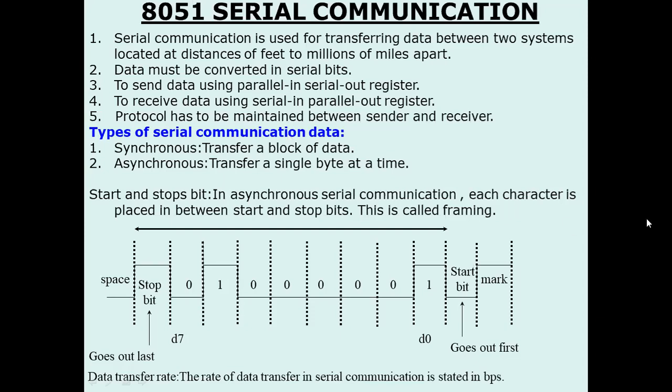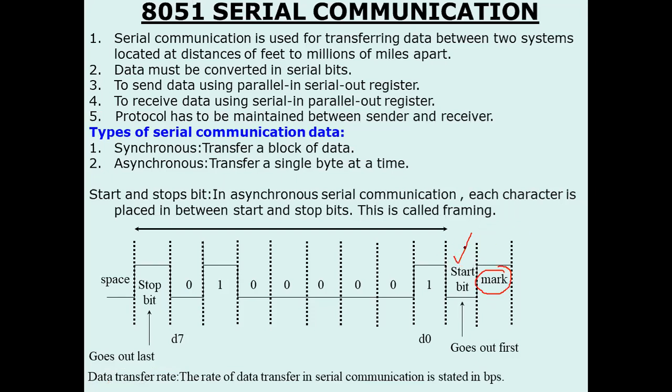Clear? So whenever this marked signal is there, that means the receiver is ready and channel is available. Okay, and start bit, it sends the start bit.